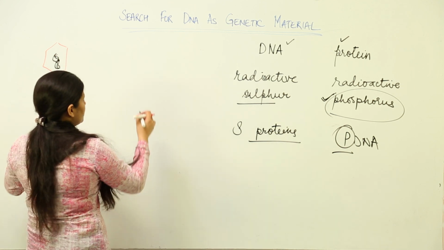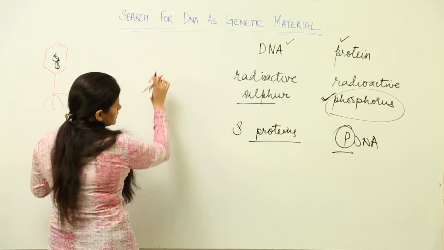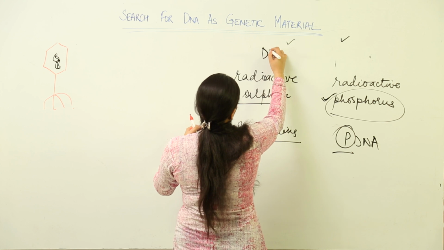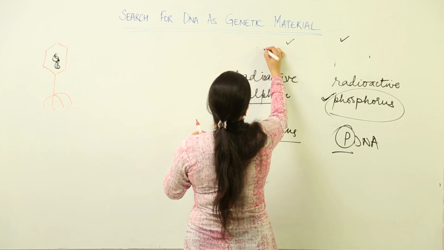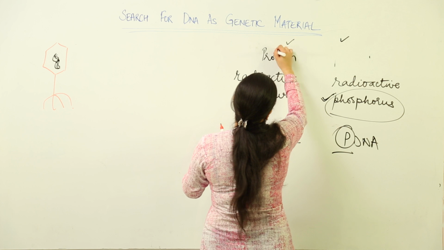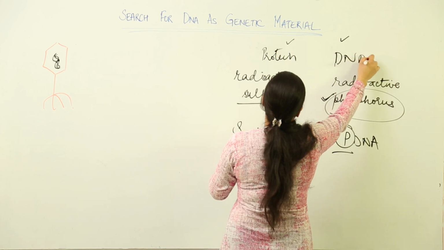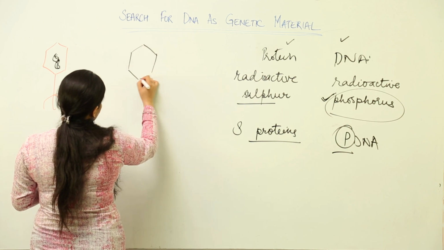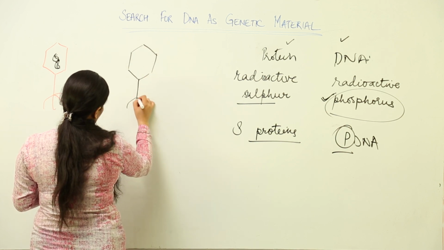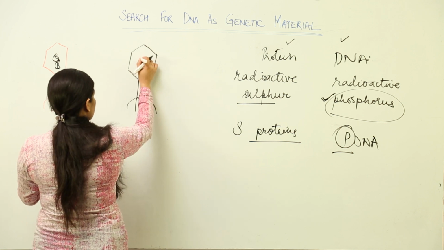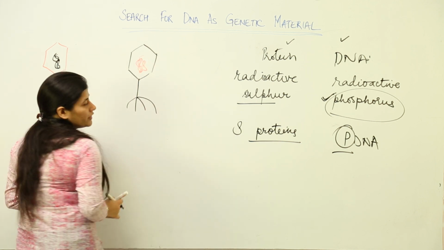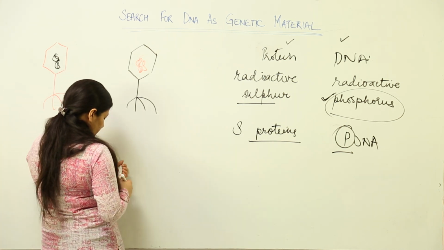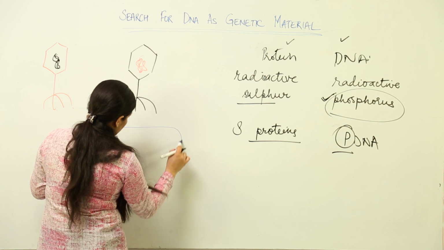When there is the case of radioactive phosphorus, then in that case the protein coat stays normal while the DNA becomes radioactive.